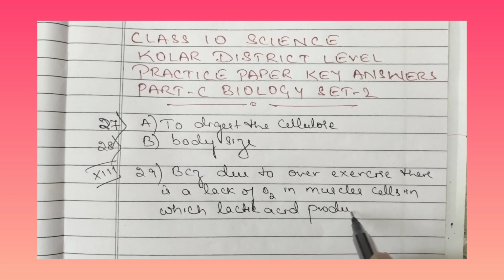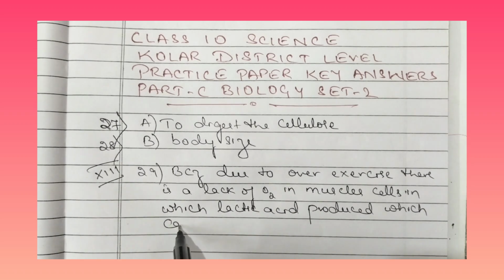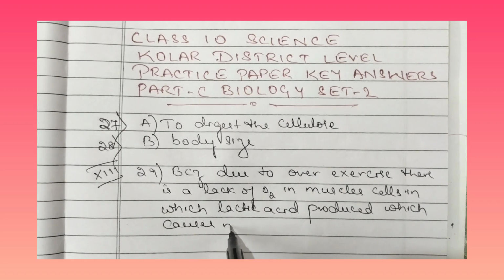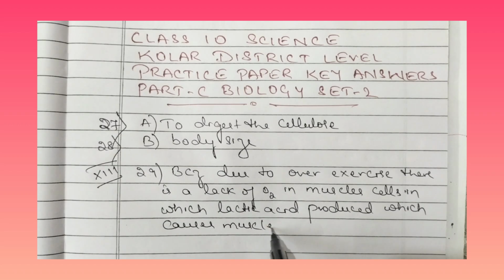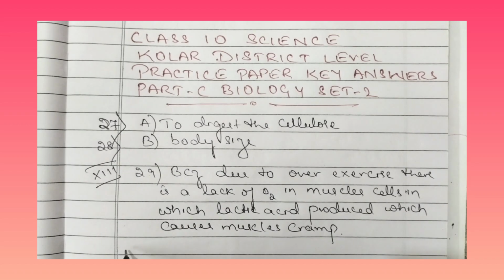Lactic acid produced causes muscle cramps due to the formation of lactic acid.